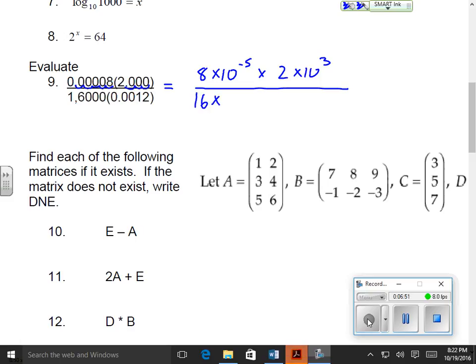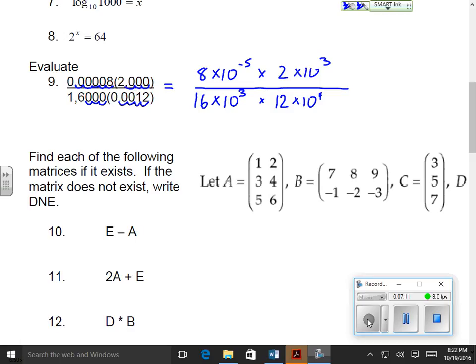That's not exactly in scientific notation. Times 10 to the 3rd power times 12 times 10 to the 4th power.